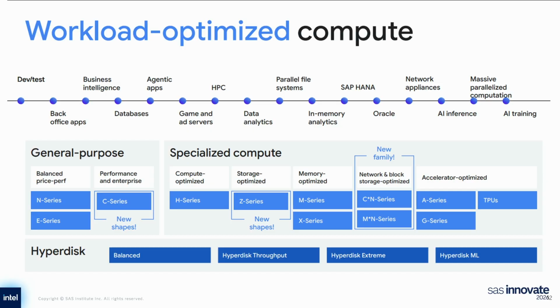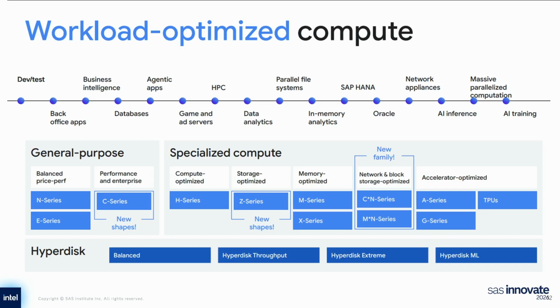On top of it, C4N is the latest announced network optimized instance, where it's not just network, but also the I/O bandwidth, and the highest performing Hyperdisk matching is now part of the C4N series. I'm sure Brooke will expand upon that.